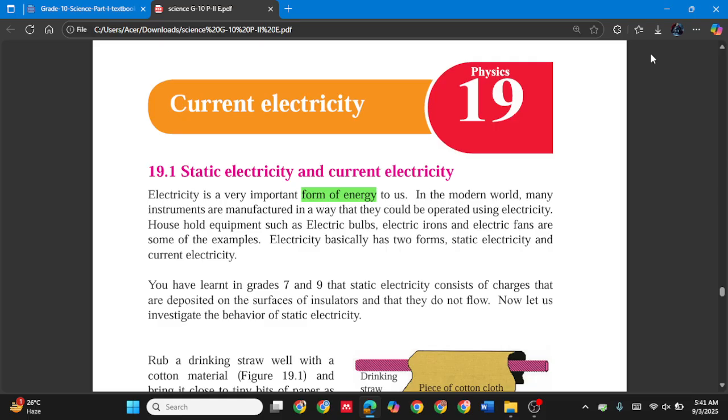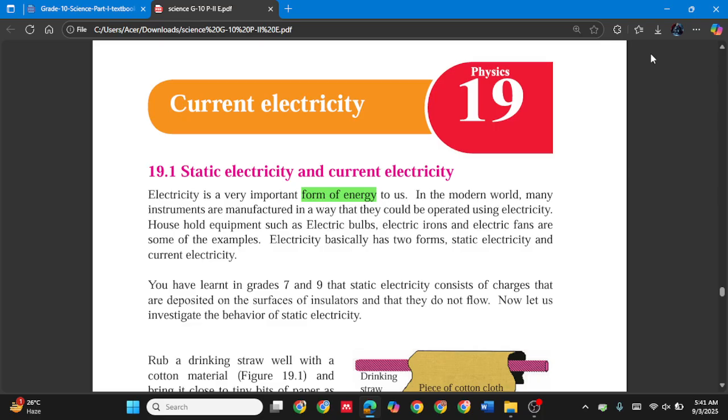Yeah, in the modern world, we know each and every equipment we use, we have to use them with the power of electricity, like the TV, mobile phone we have to charge, rice cooker, electric kettles, and everyday things like the bulbs, fans, air conditioners. Most of the equipment should be operated using electricity.